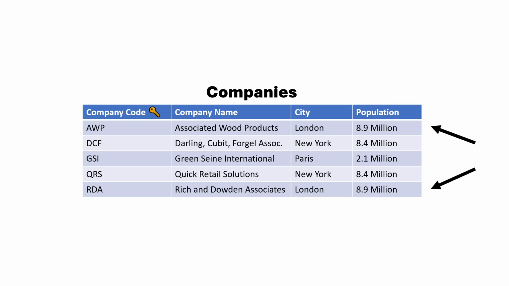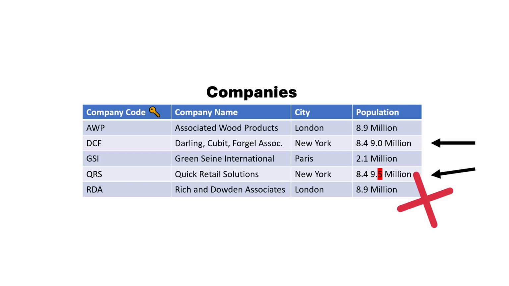Firstly, the information about the population is duplicated in several places. Even worse, if the population of any of those cities changes in the future, we would have to remember to find all the records referring to that city and update it. This not only creates more work for us, but it could easily lead to inconsistent data if we forget to update the population in one place or maintain it incorrectly.